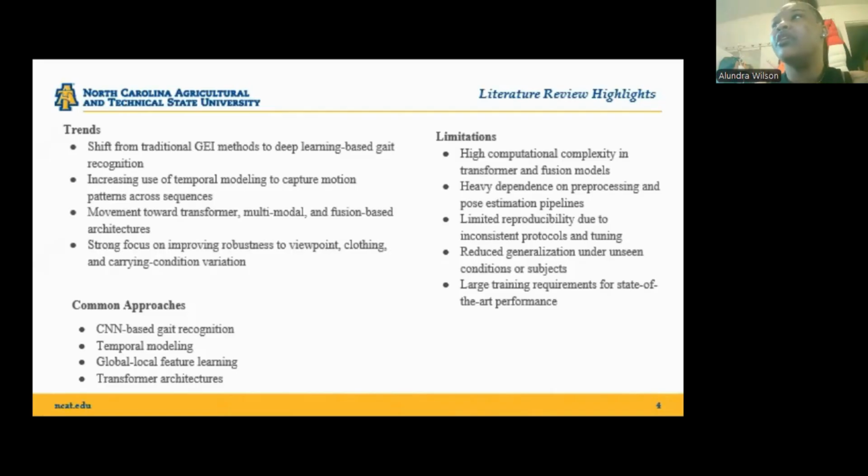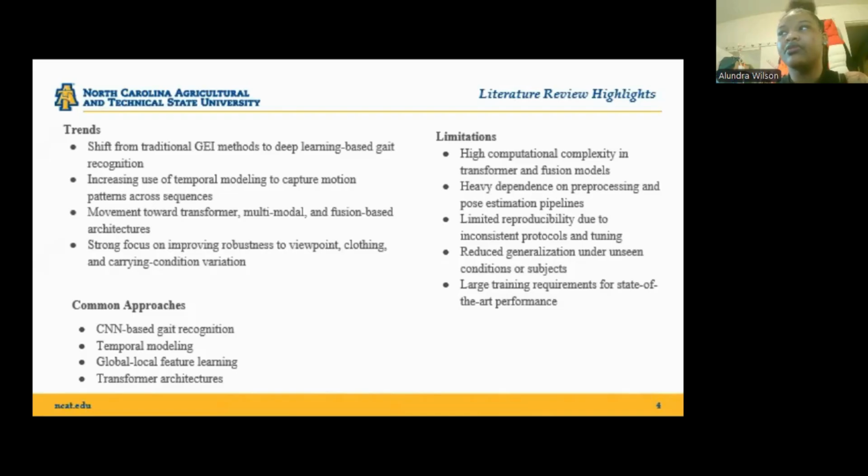Earlier gait systems often relied on handcrafted features or static image representations, while newer systems increasingly use CNNs, temporal modeling, transformers, and fusion-based architectures. Another important trend was the growing emphasis on temporal modeling. Many researchers moved away from treating gait as a single image and instead focused on analyzing motion patterns across entire walking sequences. This makes sense because gait is fundamentally a motion-based problem.